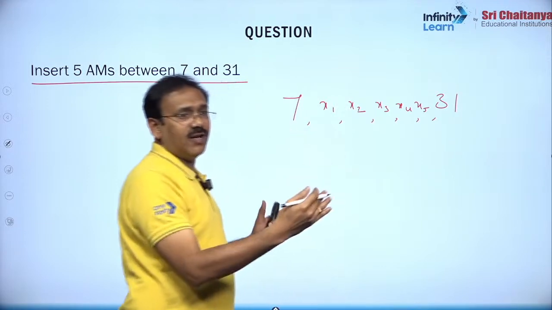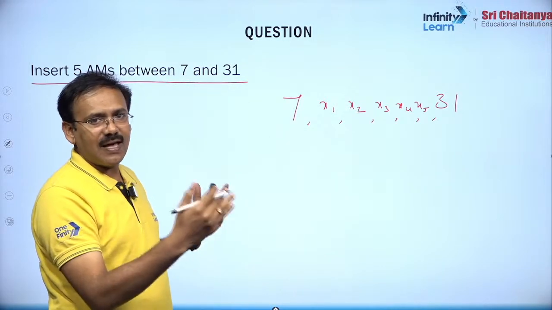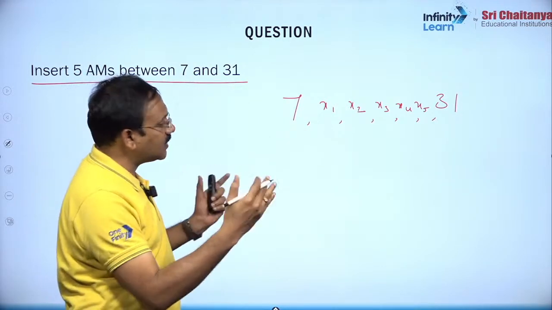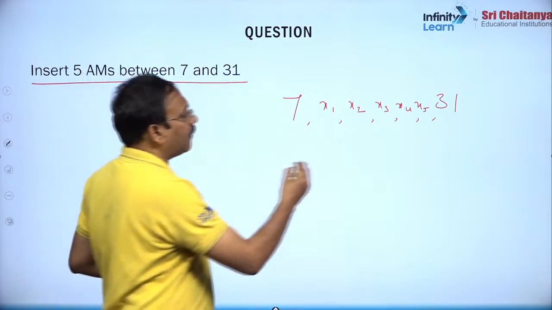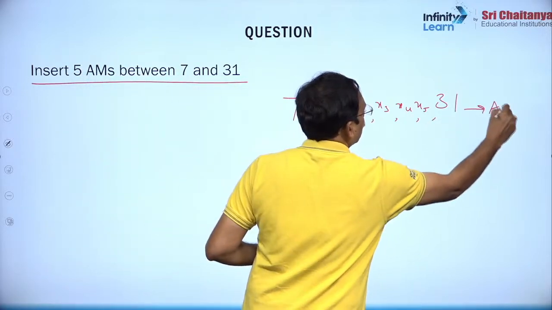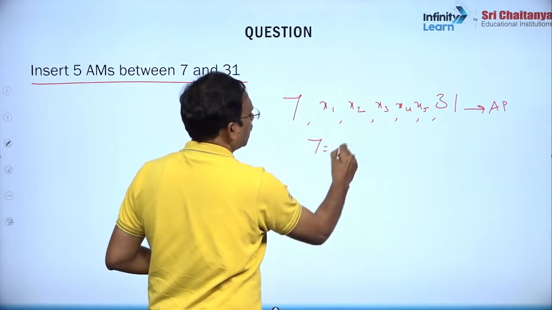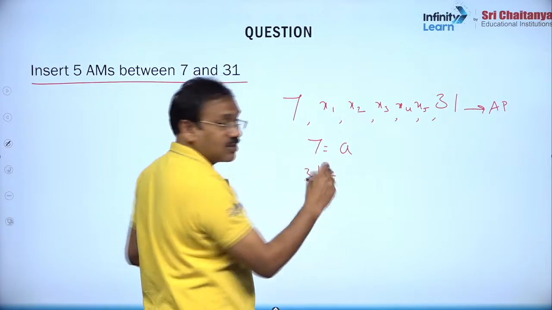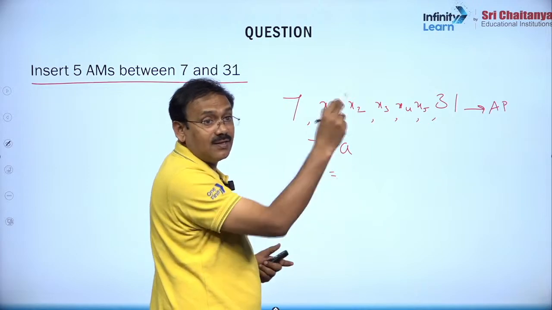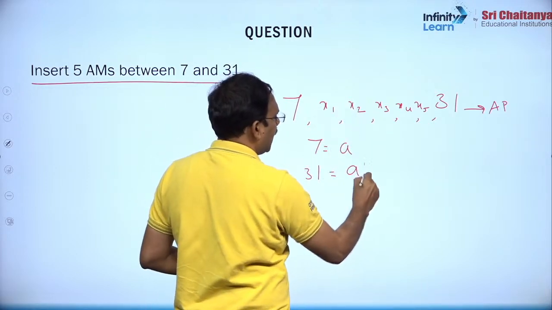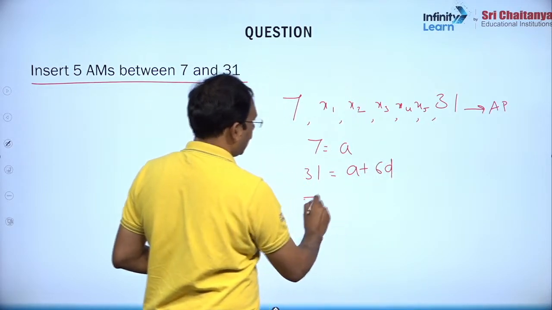If you can write 5 numbers in between in such a way that they are in AP, we say we have inserted 5 numbers. Now completely these will be in AP. You can observe that 7 is going to be the first term and 31 is going to be the 7th term, that is A plus 6D, right?